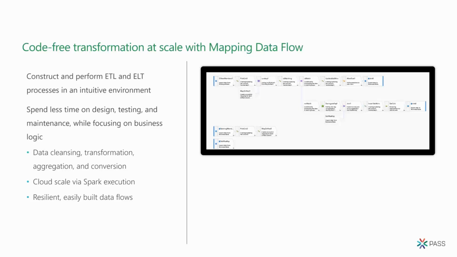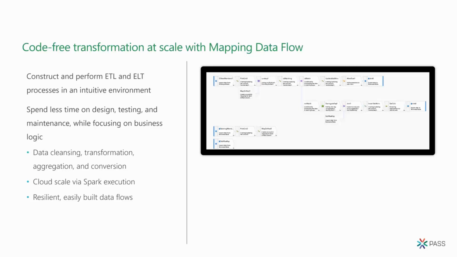The idea behind mapping data flows is that we have a user experience that allows you to spend less time designing and testing everything in the data flows themselves and more time dealing with, constructing, and working in concert with the business logic that allows us to perform these transforms or requires us to transform these.